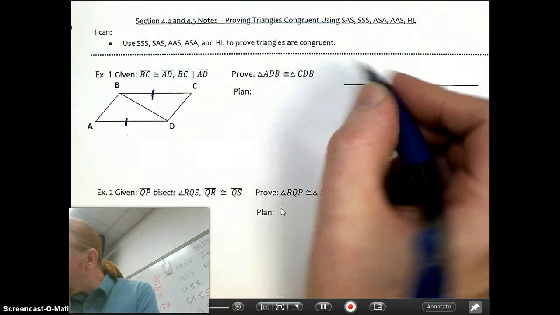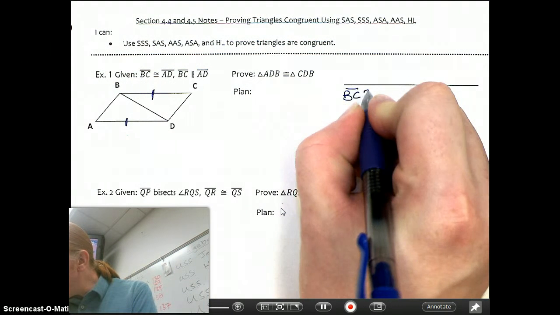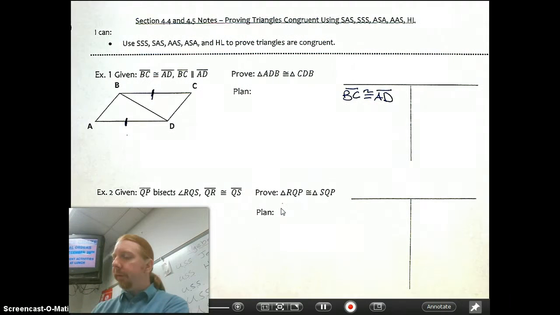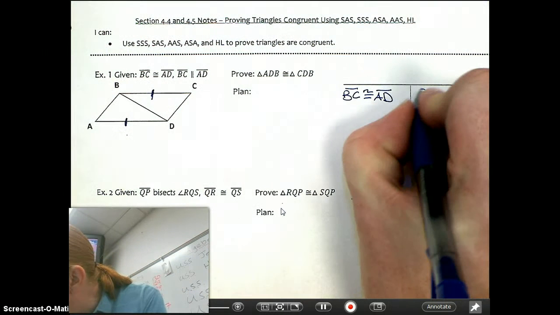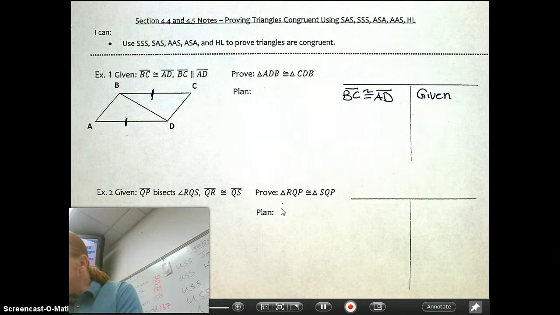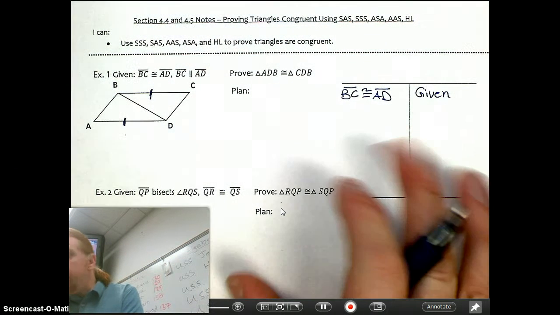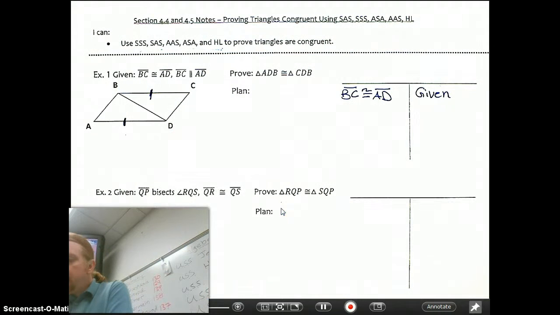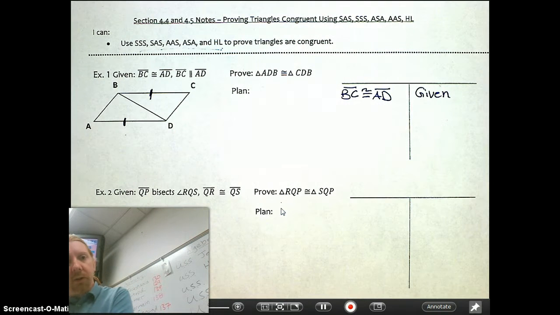So we know BC is going to be congruent to AD. So I can go right in on that, and that's a given. Remember, we're trying to show these triangles are congruent using one of these 5 shortcut theorems instead of using the definitions.